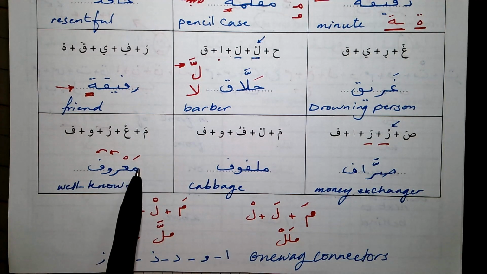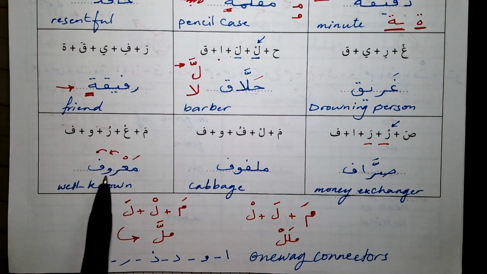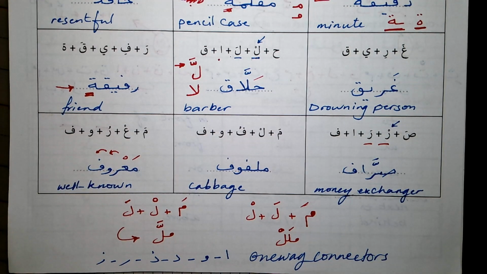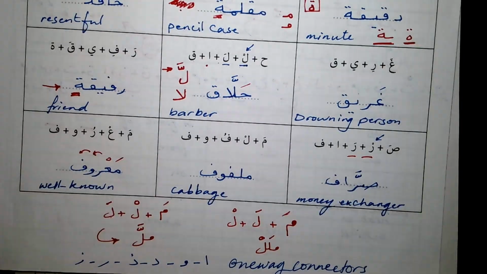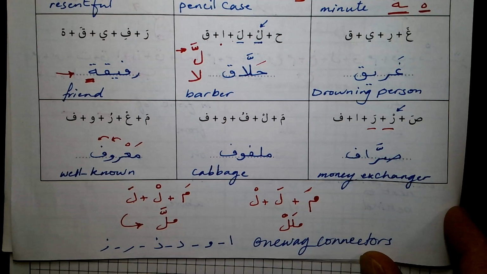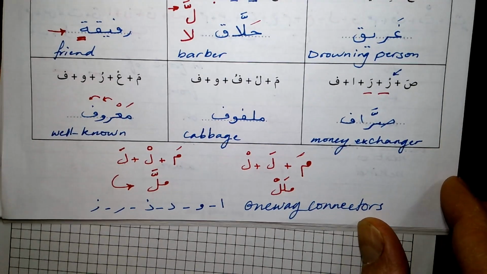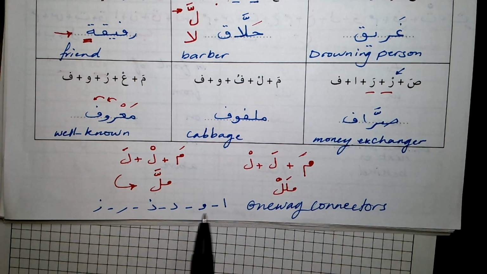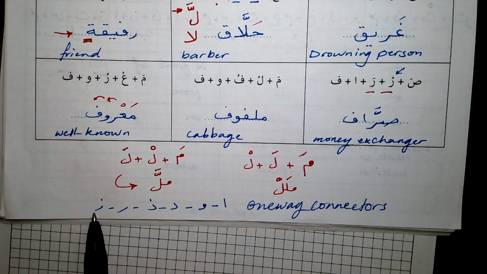Same as in ma'roof. Ra is not connected to the waw and waw is not connected to the fa. Why? Because, as we said, we have here one-way connectors. Alif, waw, dal, zal, ra, zai.